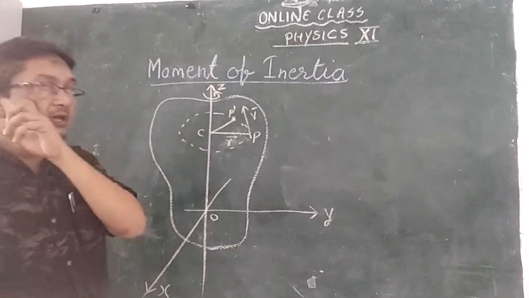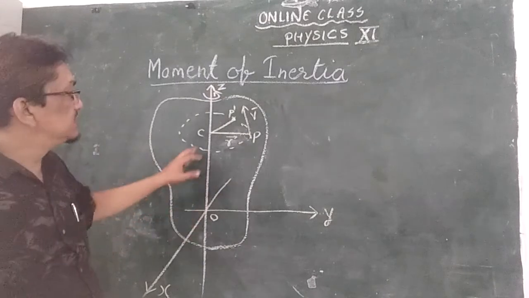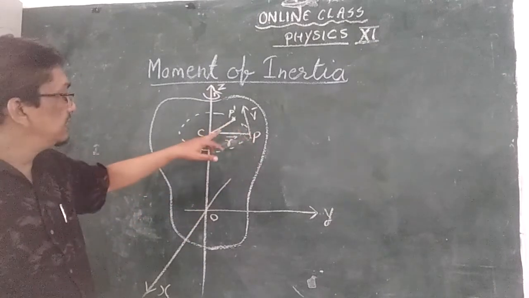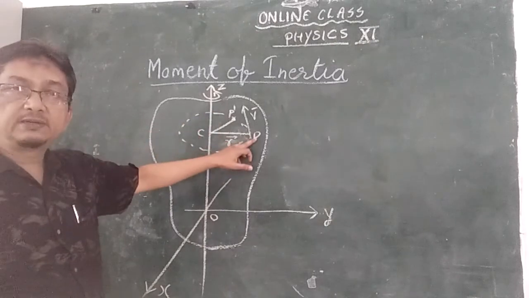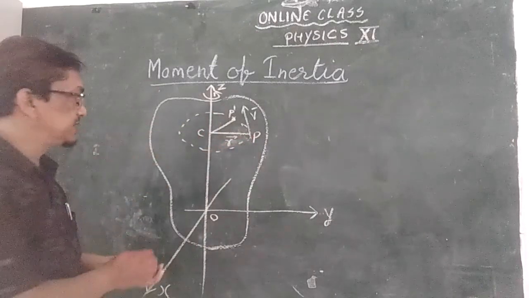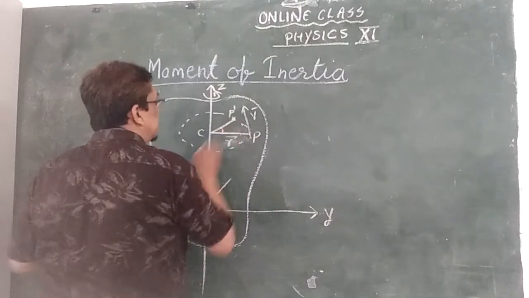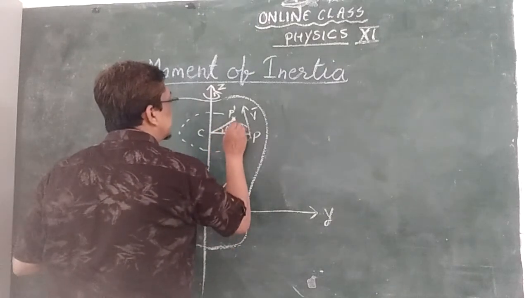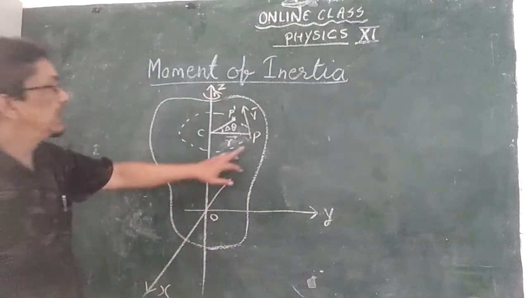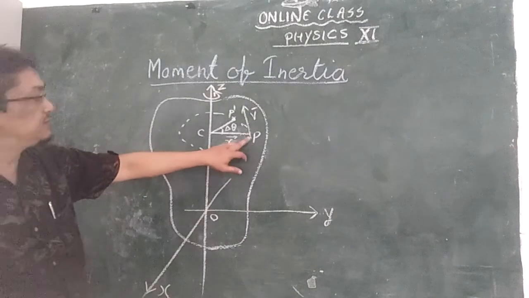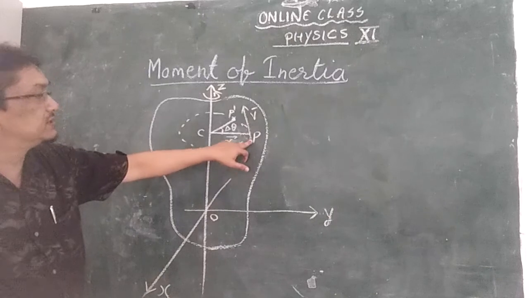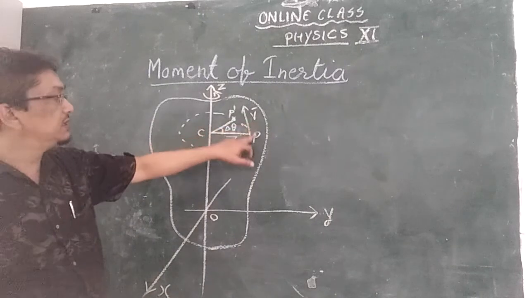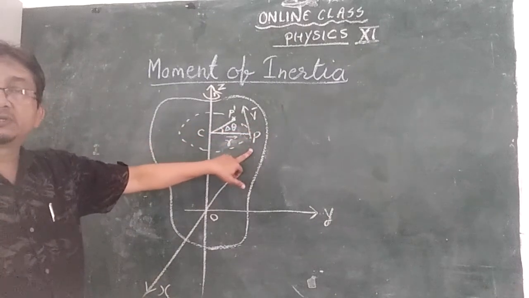Then we are taking a single particle which is situated here, and its circular path is shown through these dotted lines. You can see here the angular displacement, delta theta. After displacement the position of this particle will be dash, and the direction of this particle's velocity is shown through the tangent at this point.